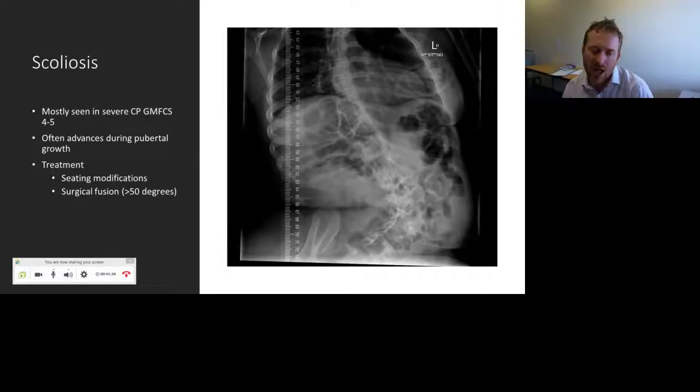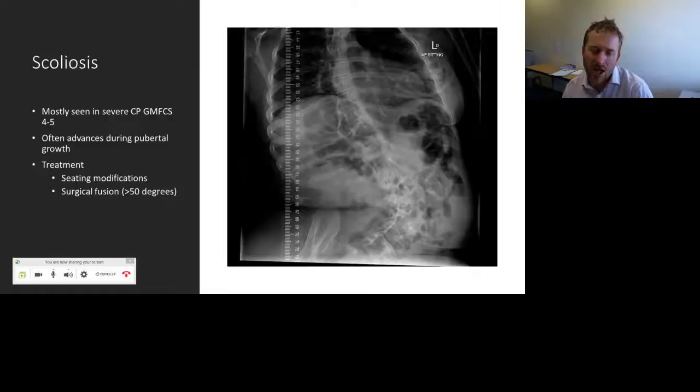And initial treatment for this, particularly whilst it's still mobile, is seating modification. So for children who are in a wheelchair, that would be making sure that they have adequate lateral supports and their seating is adequate to maintain good pelvic positioning.